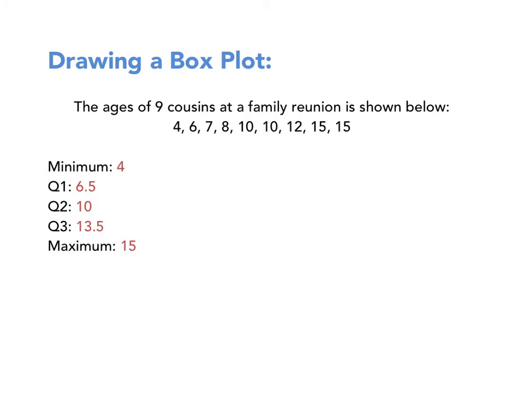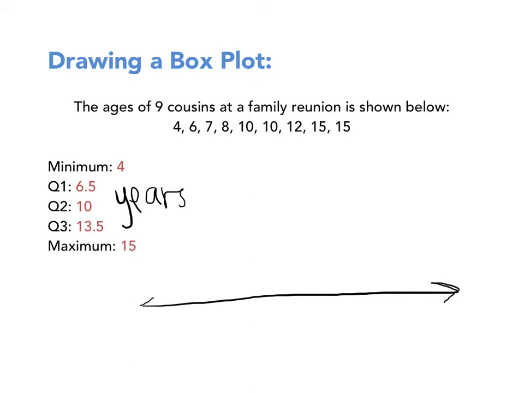So how do we draw a box plot? We're going to use the same data that we used yesterday with the 9 cousins at a family reunion. And we know the minimum is 4, the Q1 is 6.5, the Q2 is 10, Q3 is 13.5, and maximum is 15, and these are all years. So the first thing you have to do when making your box plot is to draw a number line.